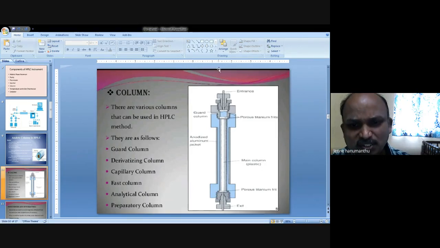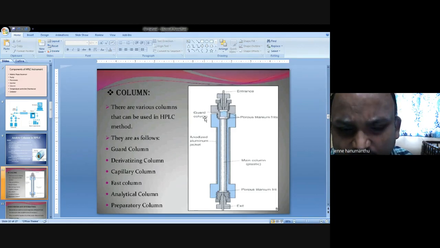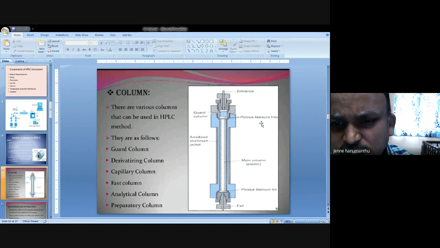This is a simple structure of the column. This is the column entrance, and this is a guard column. This is a porous titanate clip, and this is an anodized aluminum jacket, and this is the main column plastic, the main column plastic and porous titanate clip, and this is the exit. So this is the entrance and this is the exit.